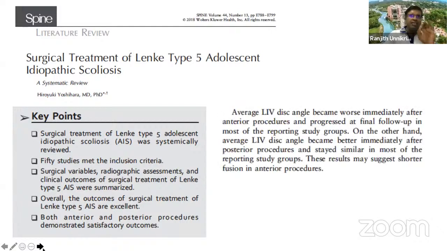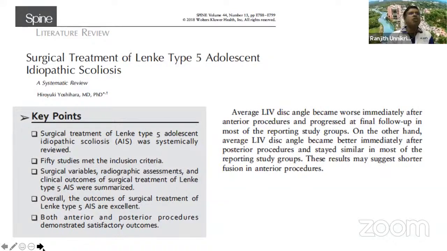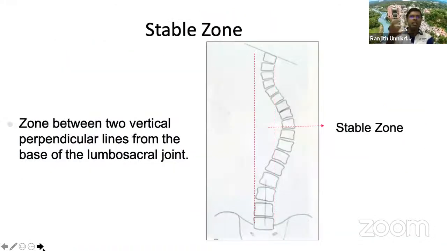If you dissect the paper, you come to this point that the average LIV angle became worse immediately after anterior procedures and progressed on final follow-up, whereas the average LIV angle on the posterior procedure stayed put. So that probably means we have more predictable corrections with posterior instrumented correction.